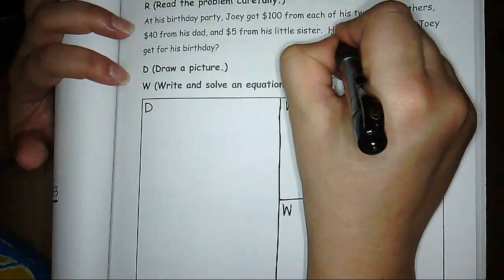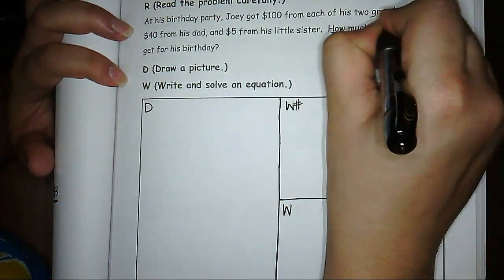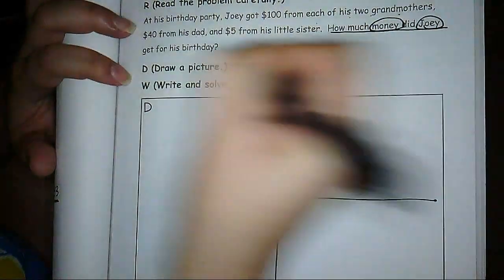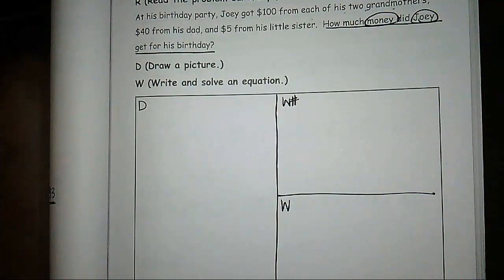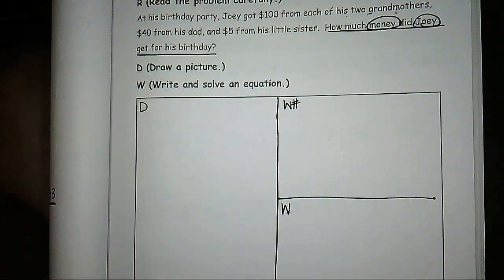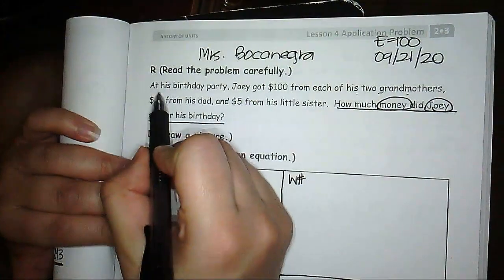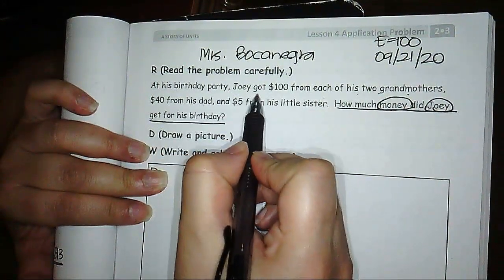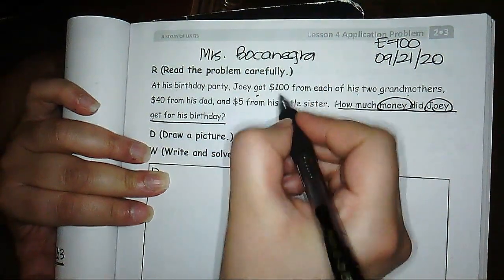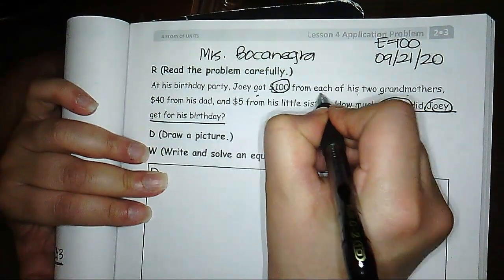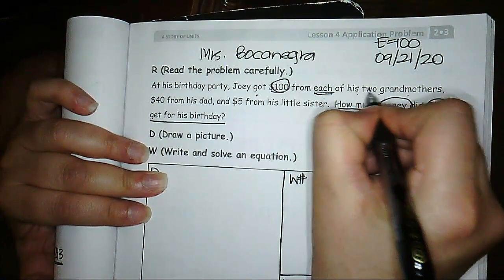Yes, we're trying to find out how much money Joe got for his birthday. We're looking for money, boys and girls. Now, what do we know? Let's go to the first sentence. At his birthday party, Joe got $100 from each of his 2.